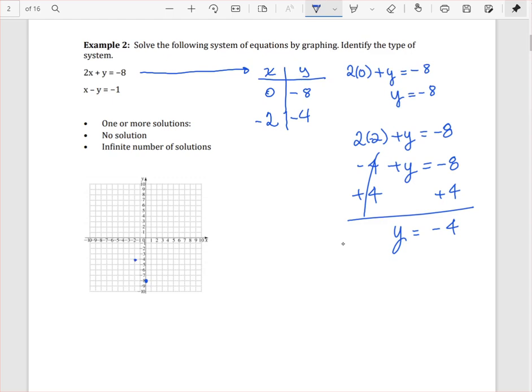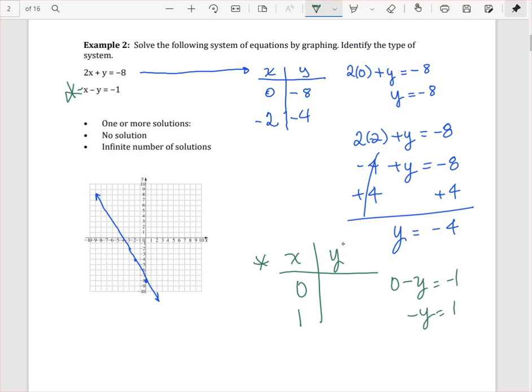Once you plot the points, MyOpenMath will graph that line, and then you graph the other line. Pick 2 points for that. It will be 1, 0, and 1.